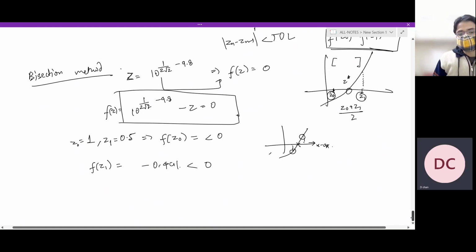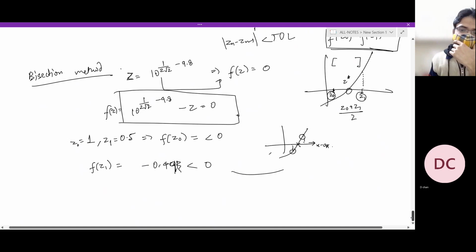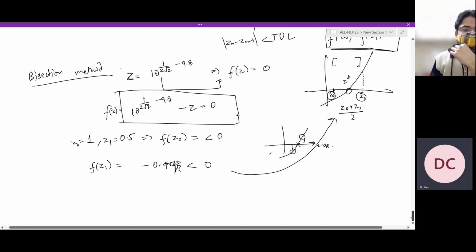So this is also less than 0, right? Yes, sir. So that implies that we cannot use the bisection method right here.